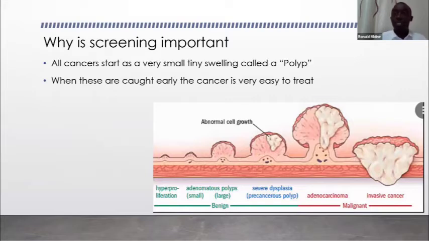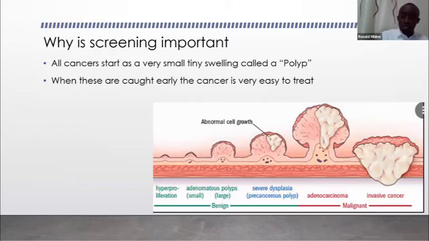It's not posing any serious threat to you. And then that progressively enlarges gradually until finally it forms a cancerous growth. Medically, we call this the adenoma-carcinoma sequence. Basically, that is the whole life process of cancer developing in the gastrointestinal tract.